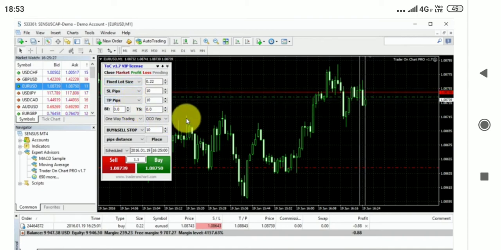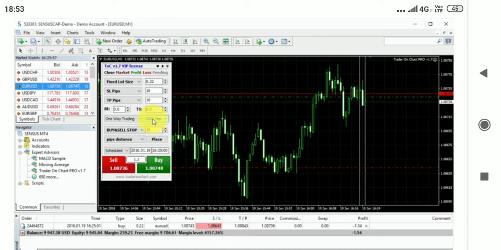And one last thing to show, actually a couple of things to show, is that it has also OCO option. So this means that I can place two pending orders in opposite directions, and when I have OCO enabled, then the opposite pending order will get cancelled the very next moment when the first pending order is executed.